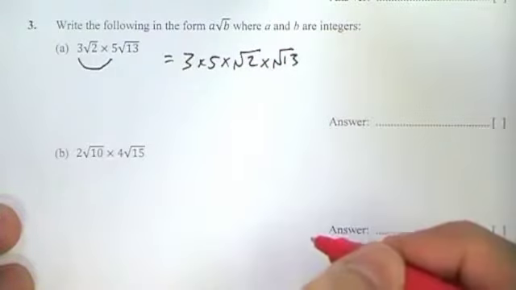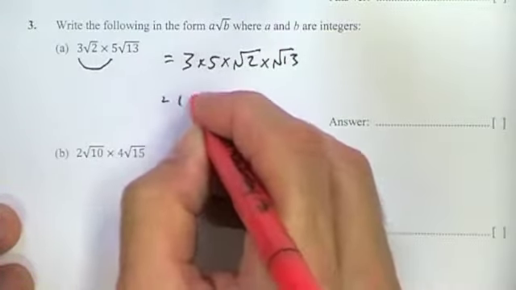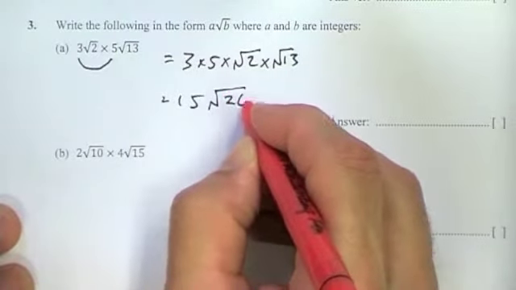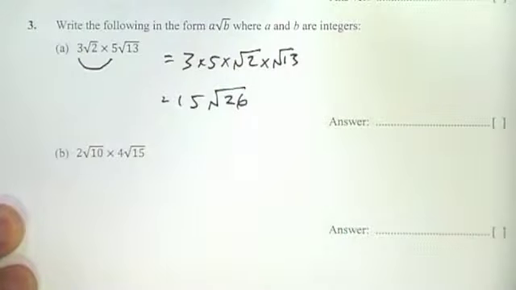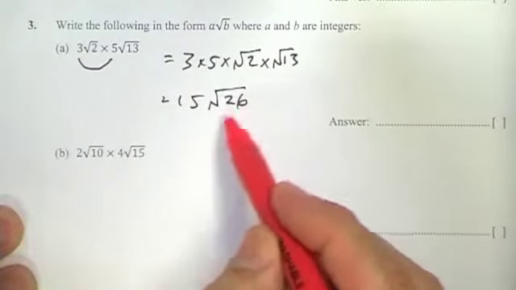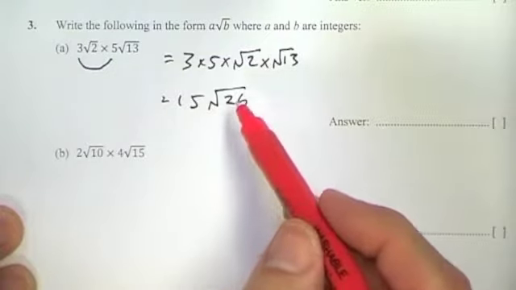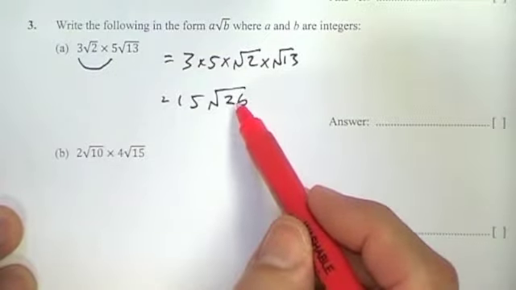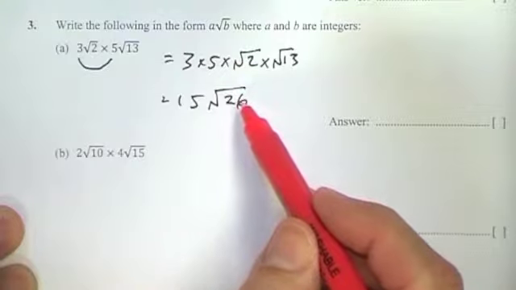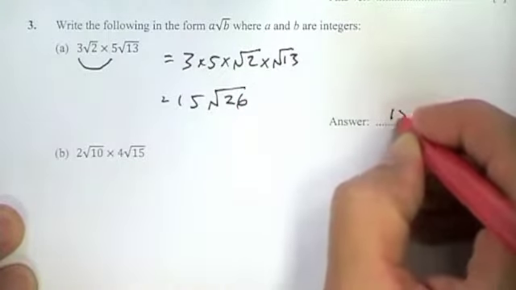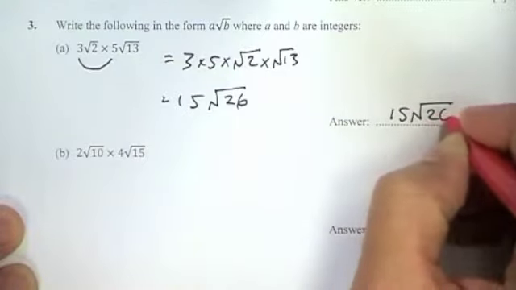Now 3 times 5 gives us 15, and root 2 times root 13 is root 26. We just have to see, can this root 26 be broken down any easier? Has it got a factor of a square number? 4 doesn't go into it, 9 doesn't, 16 doesn't, and 25 doesn't, so that's the smallest it can go. So the answer is 15 root 26.